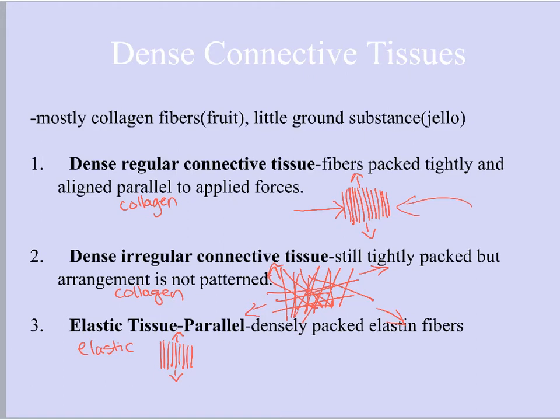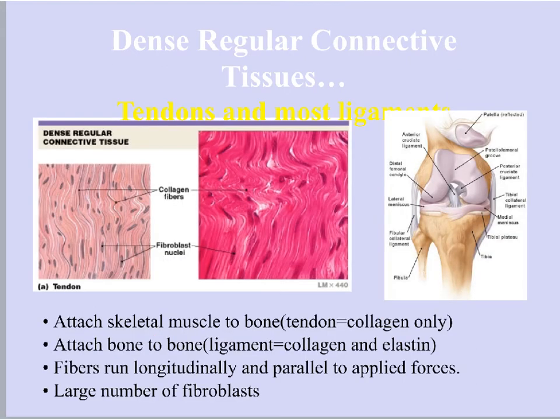Whereas with the collagen fibers in like dense regular, you can only apply so much force until those fibers rip and tear, and they will not bounce back like rubber bands. Okay, we learned about that in the first connective tissue lecture. Let's look at some specific examples of dense regular connective tissue.